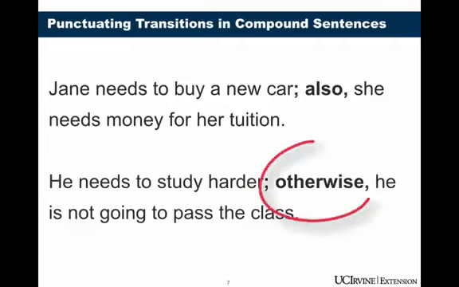We used otherwise to join these two sentences, and we put the semicolon in front and the comma after. So remember that list of transition words that you can use like this. You'll punctuate them all the same with a semicolon in front of the transition and a comma after the transition.